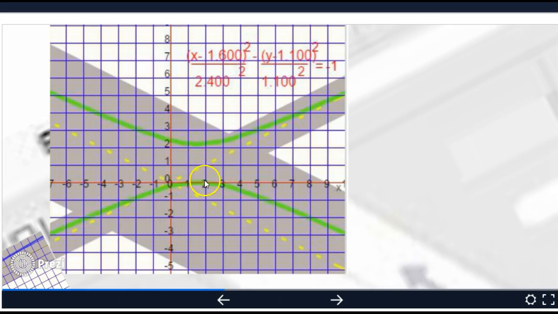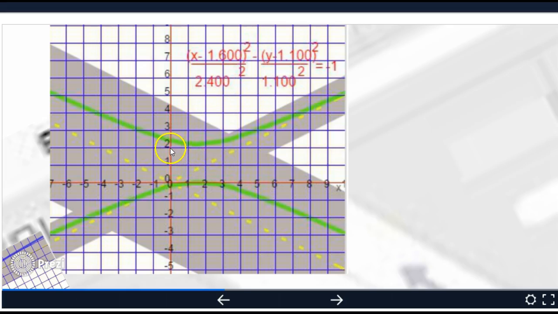So yeah, 1.6 is about here, right? And then the k value is 1.1. So yeah, there's the center of the hyperbola. Okay, so that's where the h and the k values come from. And then you look at the a and the b values. a is 2.4, b is 1.1.